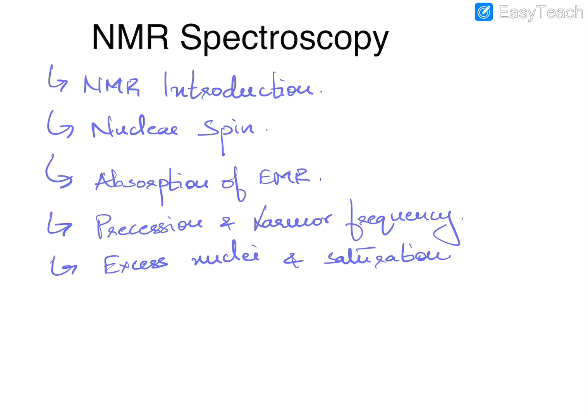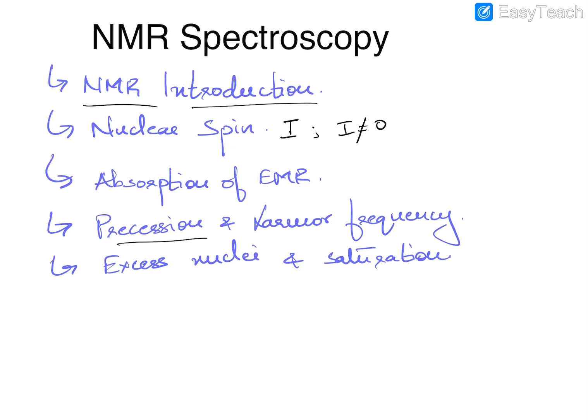To sum up what we've discussed in this video, we've introduced NMR. We've talked about the concept of nuclear spin I. And we've discussed the criteria for certain nuclei to be NMR active. To recapitulate, all nuclei must have non-zero nuclear spin so as to exhibit a positive NMR signal. Then we discussed some concepts about absorption of electromagnetic radiation so as to give an NMR signal.